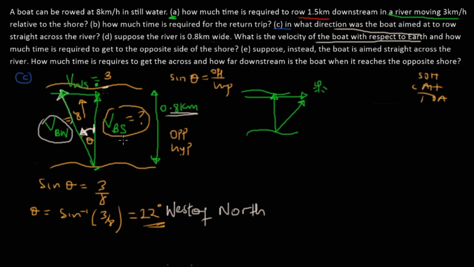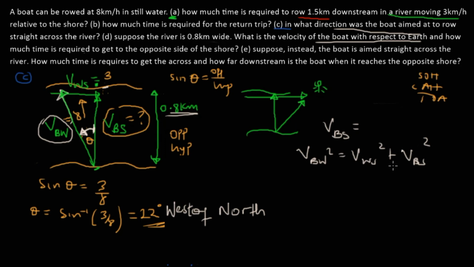So the velocity of the boat relative to the shore is the same as the velocity of the boat relative to the earth. To find that, since this is a right angle triangle, we can go ahead with the Pythagorean formula, which is hypotenuse squared equals the sum of the squares of the other sides.